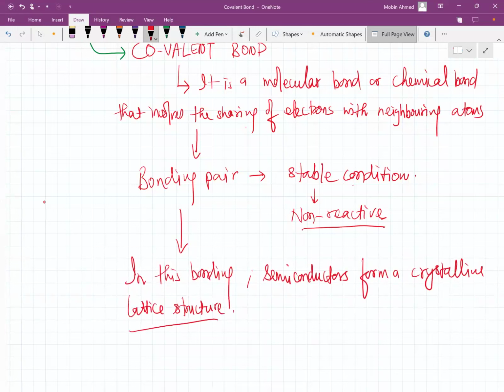Okay, so they are going to form a structure like this. And when they are in this lattice or crystalline structure, same like a sugar cube, it will look like that. And they are going to remain stable. So for the covalent bond, I will put it here, how it looks for silicon.